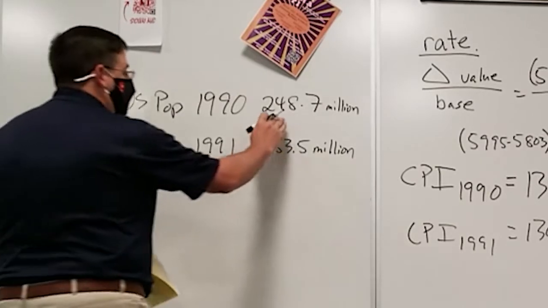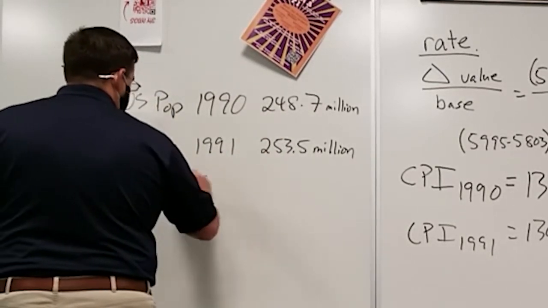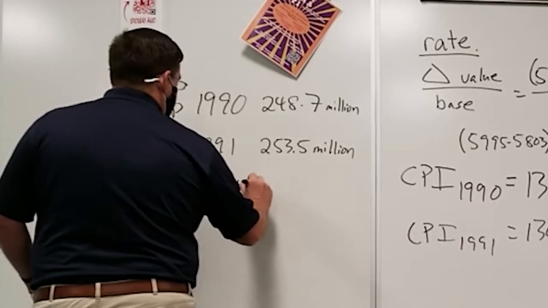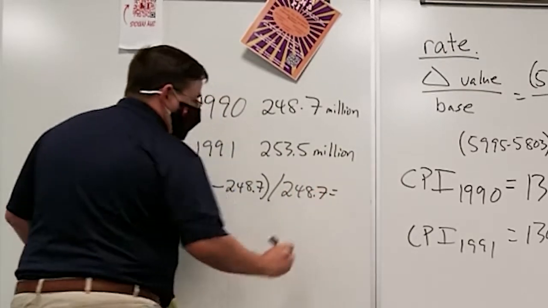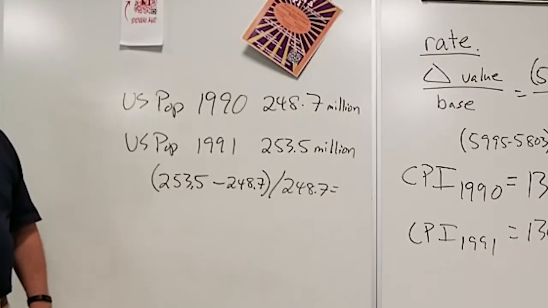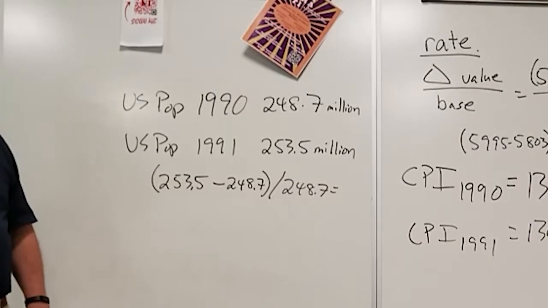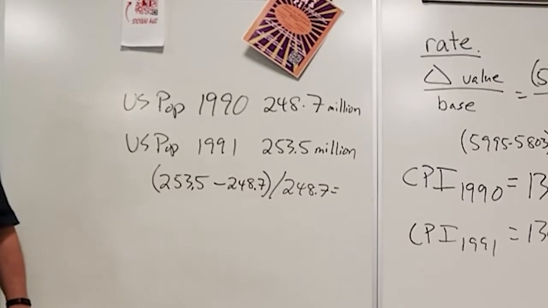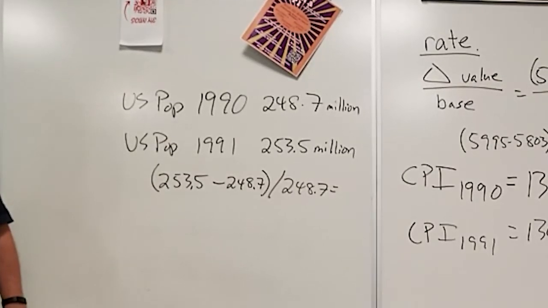So I can find my population growth rate by taking 253.5 minus 248.7, divided by 248.7, and what do I get? Shouldn't be negative.